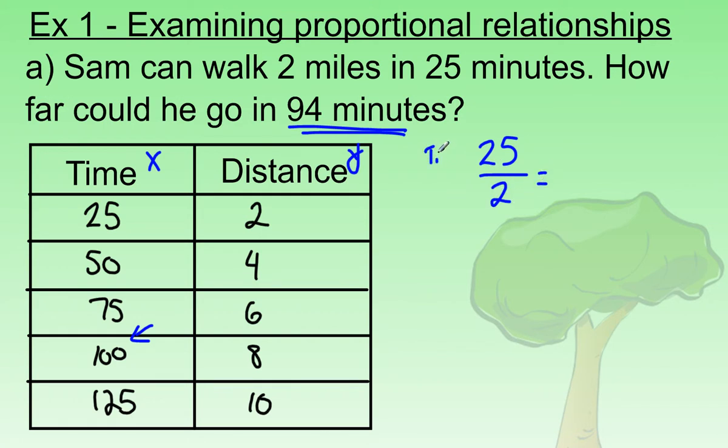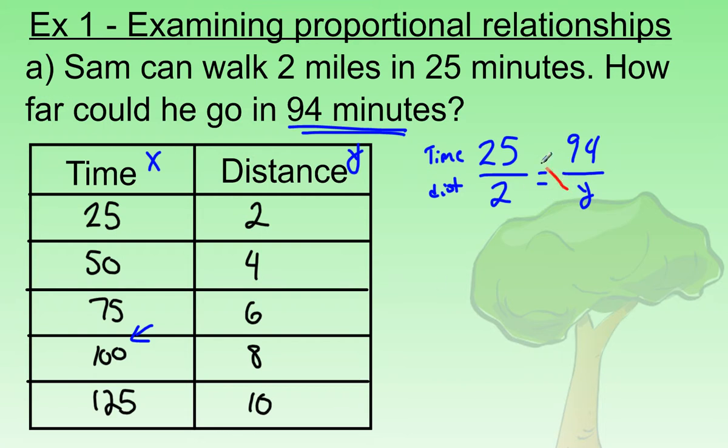So time, distance. How far could he go in 94 minutes? So 94 minutes would be a time, and this would be our unknown distance. 25 corresponds to 2. 94 minutes would correspond to some distance we don't know.